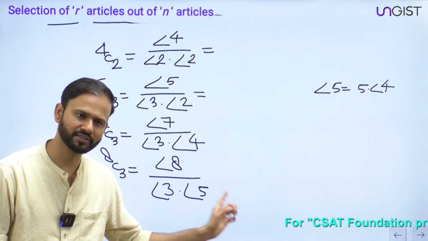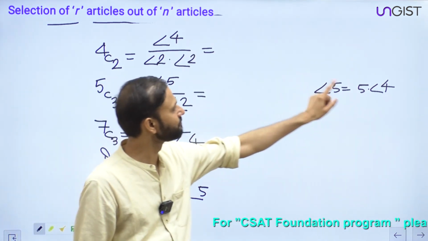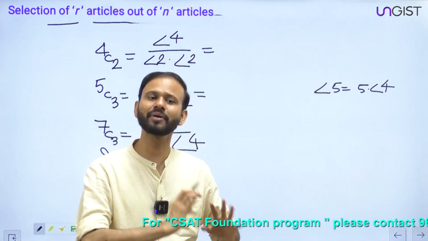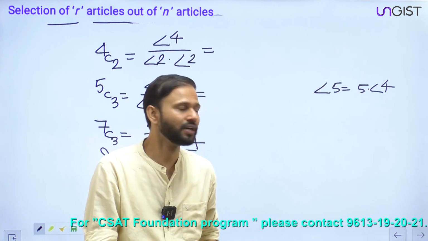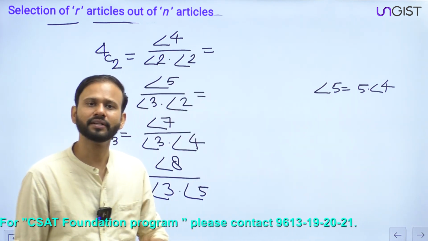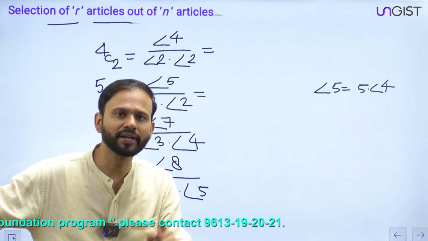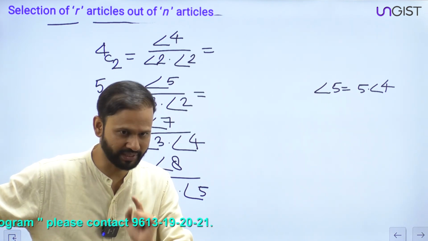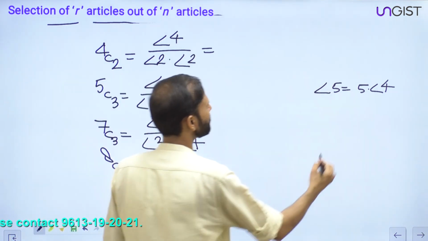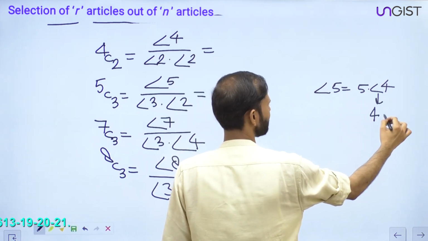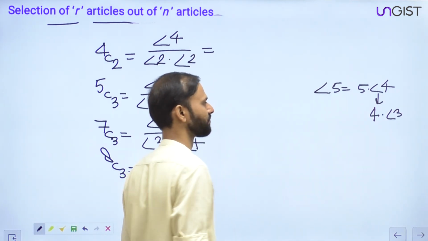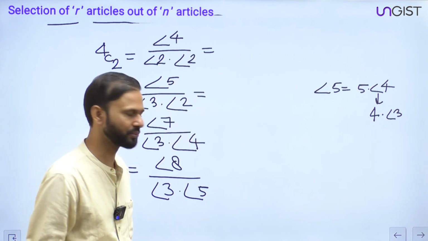This we have done earlier, right? And factorial 4 will be what? In the similar manner, factorial 4 will be 4 into 3 factorial. Correct?